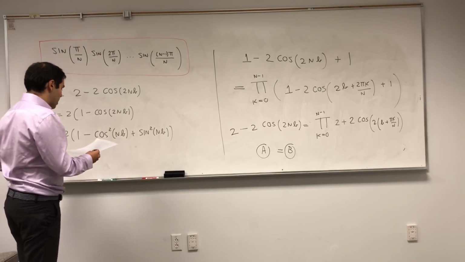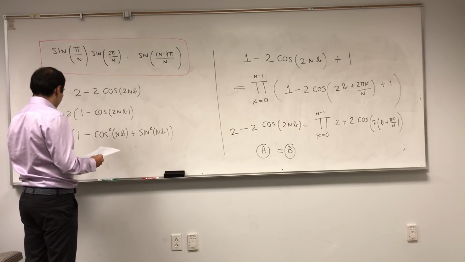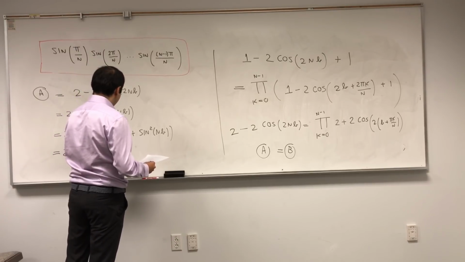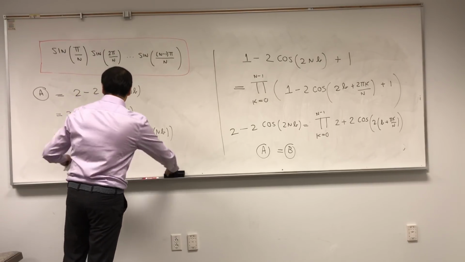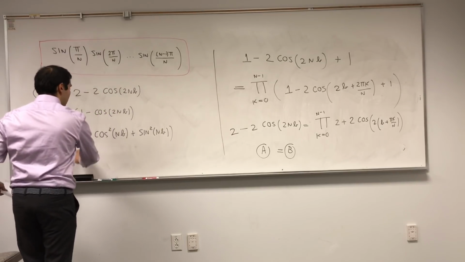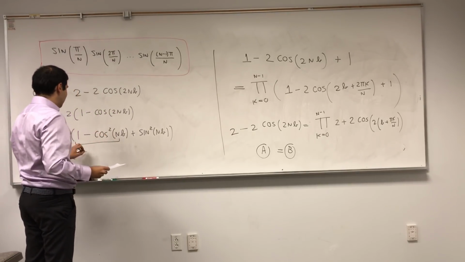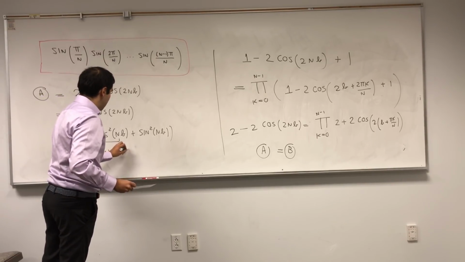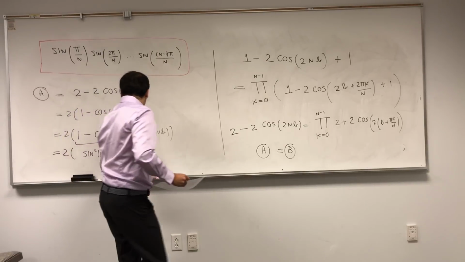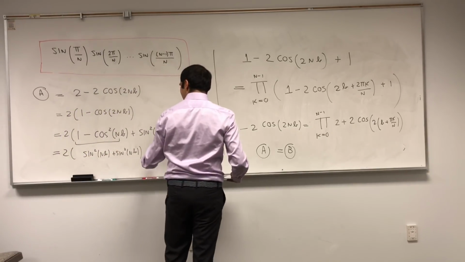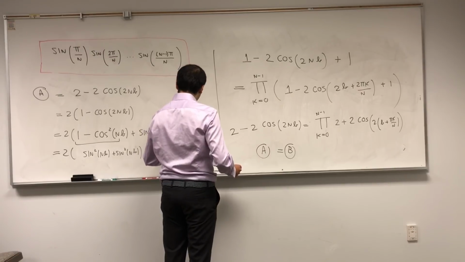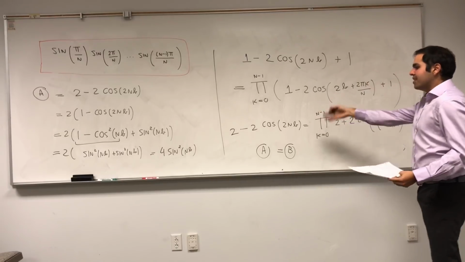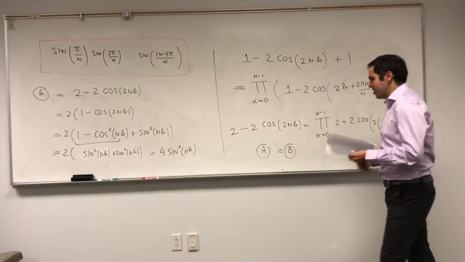So 1 minus cosine squared, that's sine squared of nb, plus sine squared nb. And then that's 2 times 2 sine squared of nb, so we get 4 sine squared of nb. So nicely enough, the left-hand side becomes 4 sine squared of nb.